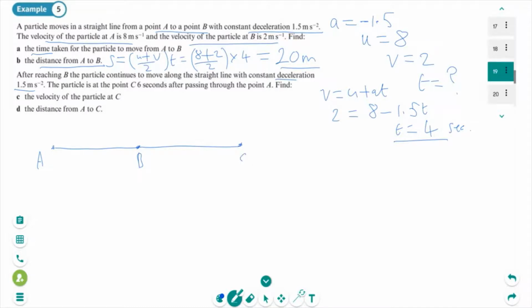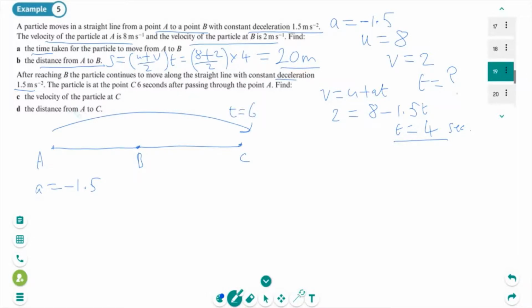The deceleration throughout is still the same, so there's no change in the deceleration. The particle is at the point C 6 seconds after passing through the point A. So A to C has taken 6 seconds.